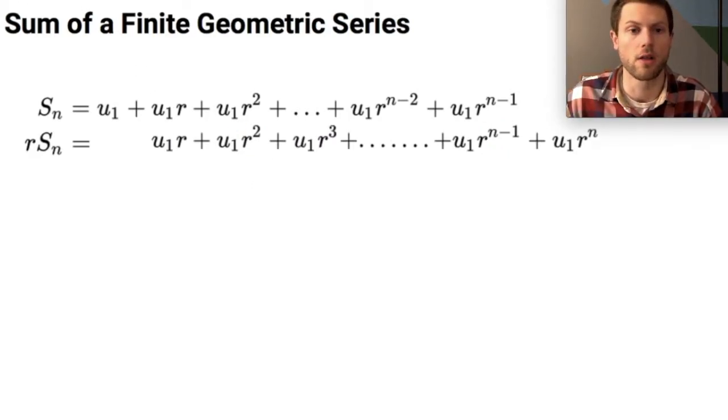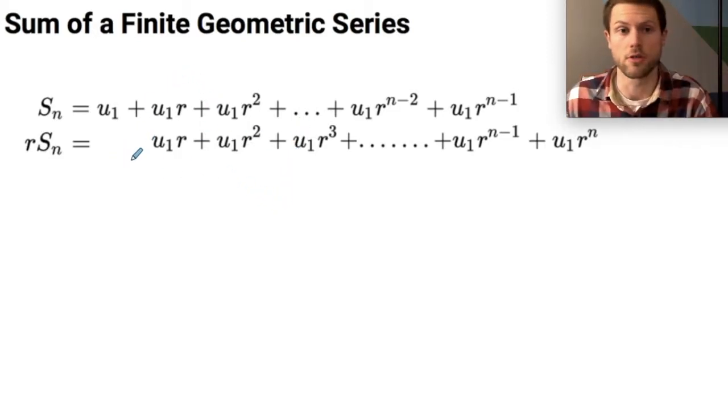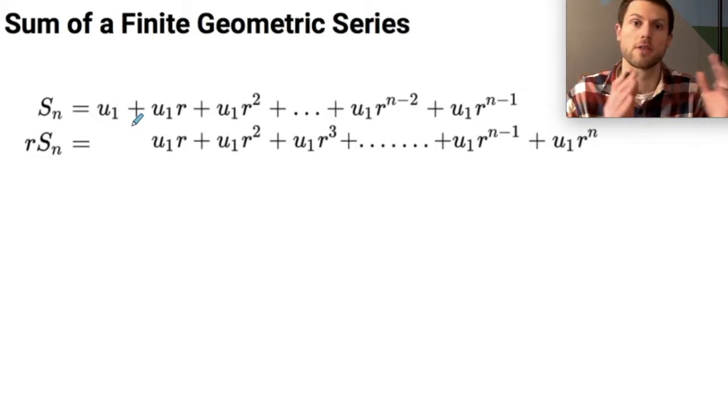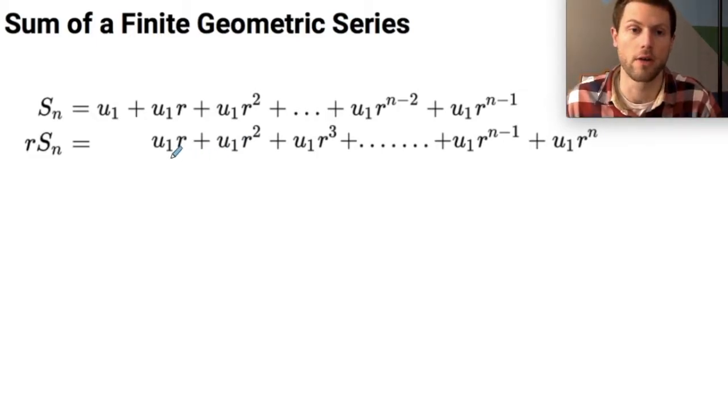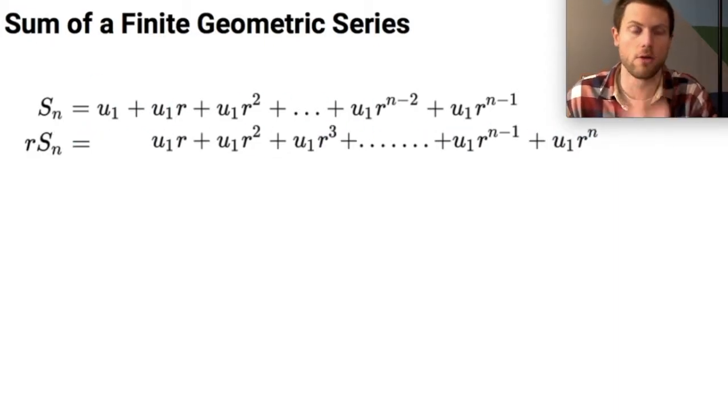If I align this so that all of the terms line up with their corresponding term in the original series, there's some nice vertical alignment going on here. I just took this whole series after I multiplied by r, and I'm moving everything over a little bit.